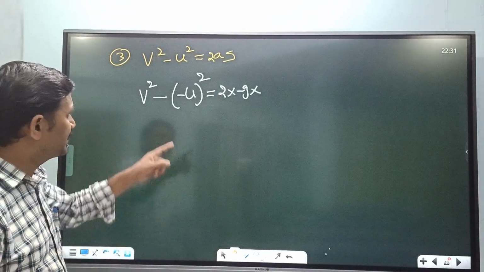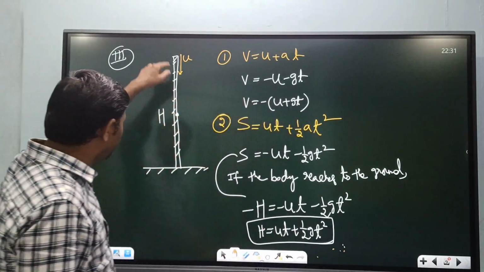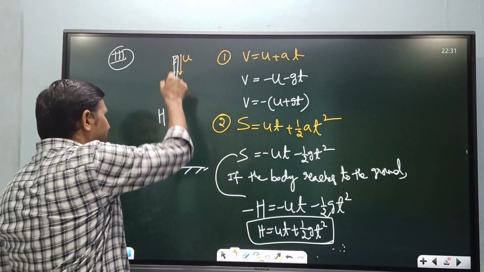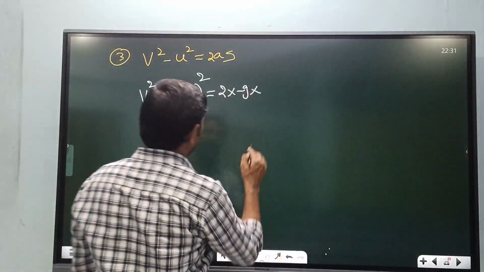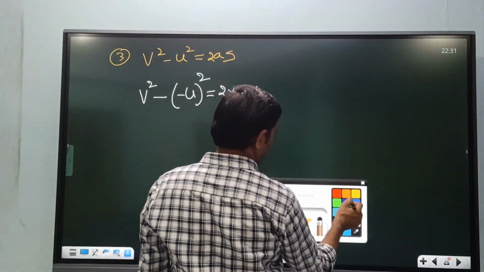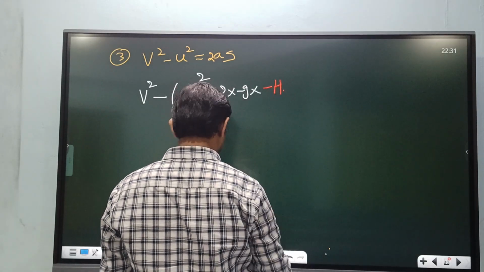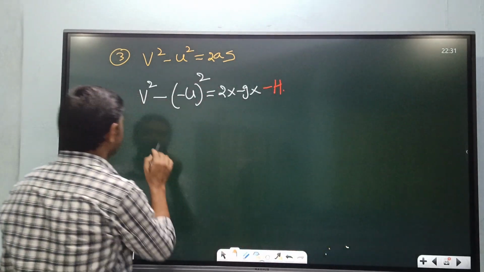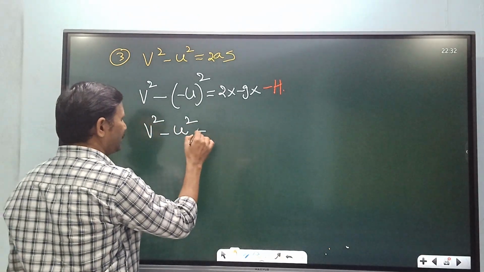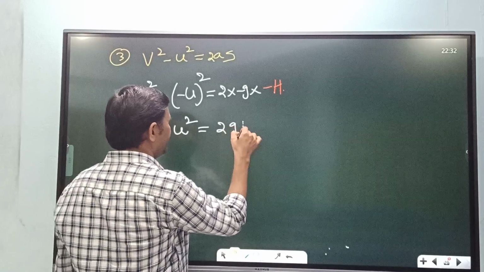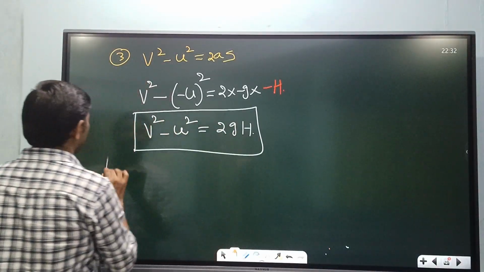If the body reaches the ground, s is replaced by minus h. So v square minus u square is equal to 2gh. This is our third equation of motion.